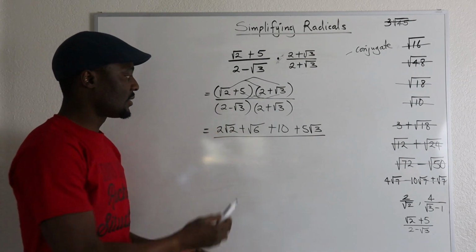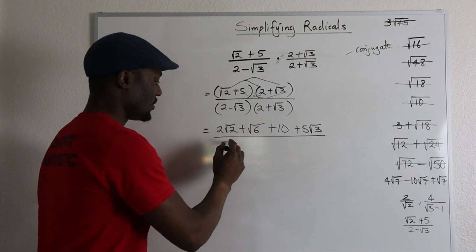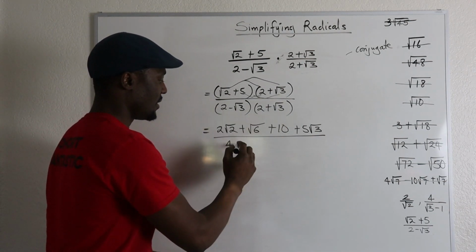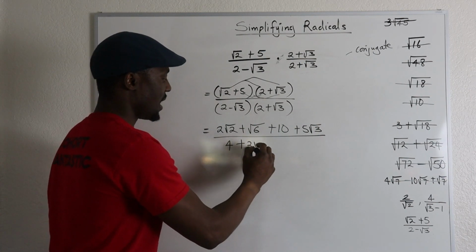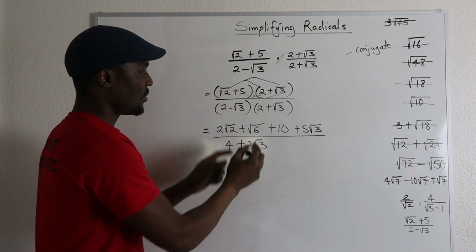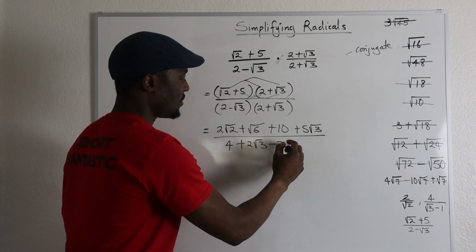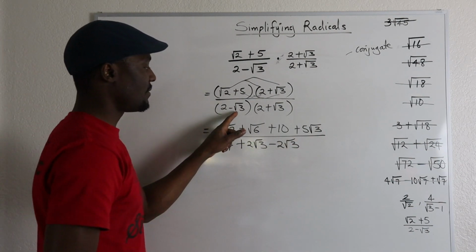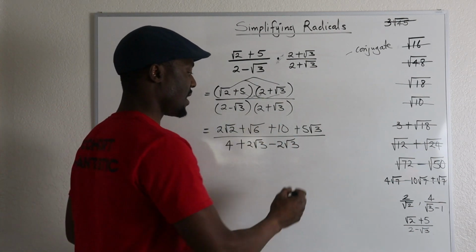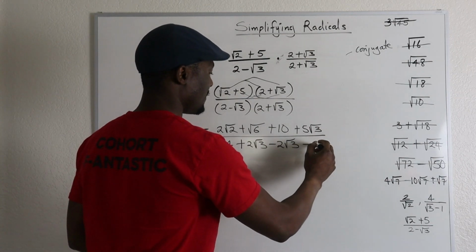Then you go to this. This multiplied by this gives you 4. This times this gives you plus 2 rad 3. And this multiplying this will be minus 2 rad 3. And negative rad 3 times positive rad 3 gives you negative 3.